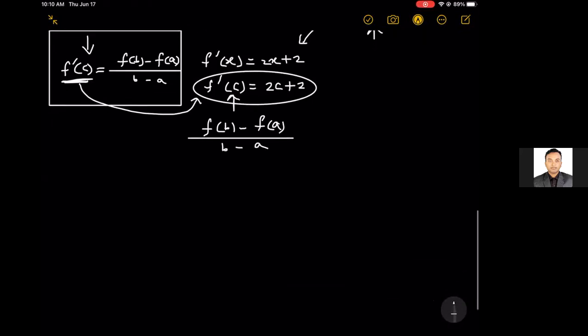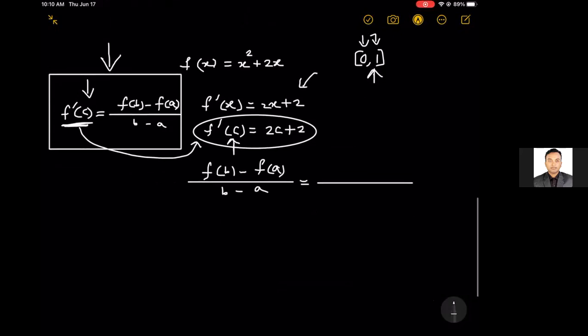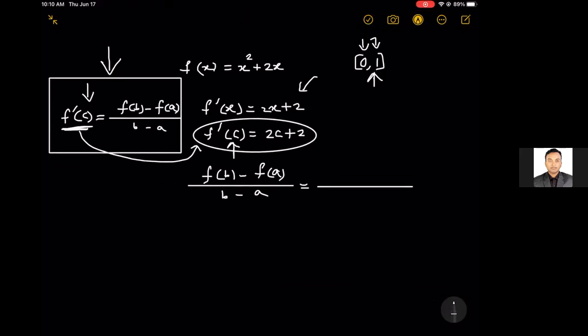And we know for our problem b is 1 and a is 0, right? So we need to plug in 1 in place of this x first, and then subtract by plugging in 0 in place of x.